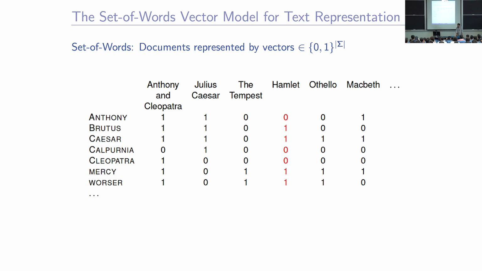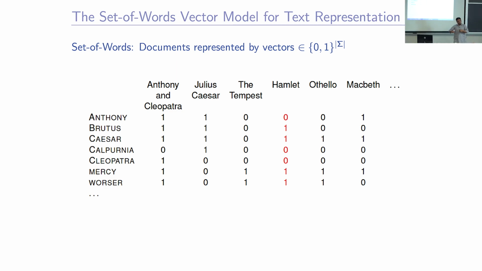So this is the set of words representation of the book. These are words and these are books. This book: Antony appears, doesn't appear, Brutus appears here, Caesar appears in the third place, Cleopatra, Mercy, Warsaw. Okay, my eyesight is just not working now. Is it clear to everyone? How do you represent a book or a text by a vector?